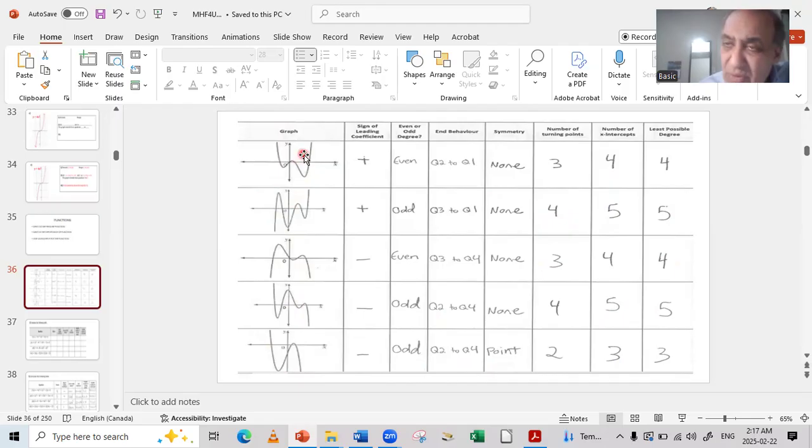It doesn't show two portions or two parts similar to each other. But here, we have two parts similar to each other, especially at this point. From here, this part will be similar to this part, but they are inverse of each other. And here, the point of symmetry is here.